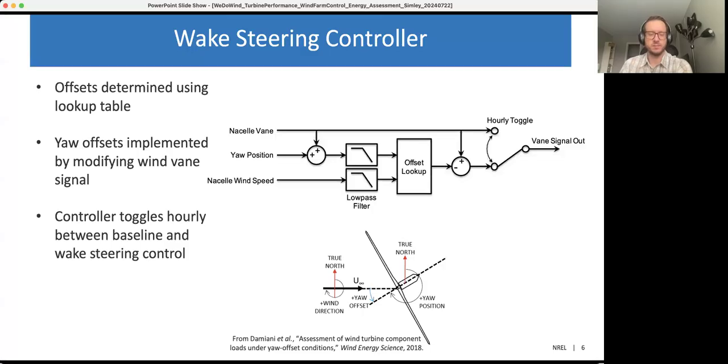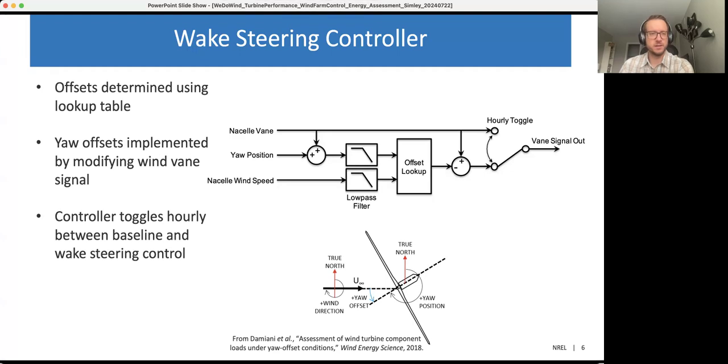And we're able to just modify the turbine controller, and it's a lot simpler. But for these first couple experiments, what we had to do was add some external hardware, usually in the form of National Instruments hardware, to intercept the wind vane signal and then subtract this yaw offset from it.